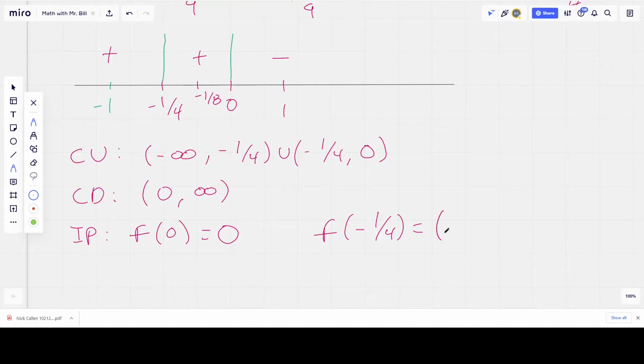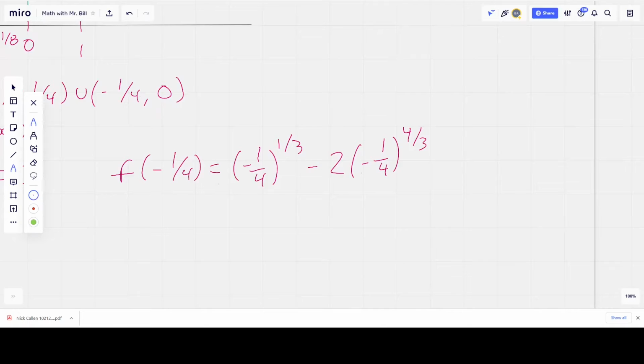Negative 1/4, we'll take that negative 1/4 and raise that to the 1/3 power, and then subtract away 2 times negative 1/4 raised to the 4/3 power. And we can get a number for this. It's not going to be a very nice number because the cube root of 1/4 isn't going to be rational. So we might just leave it at this.